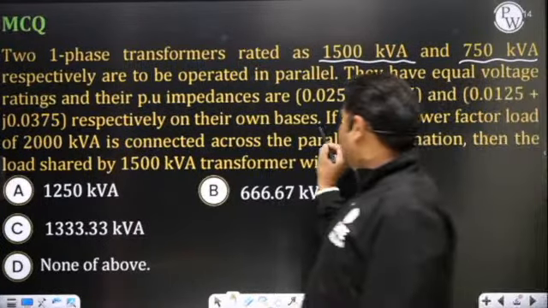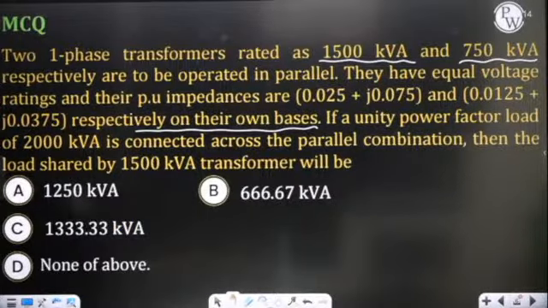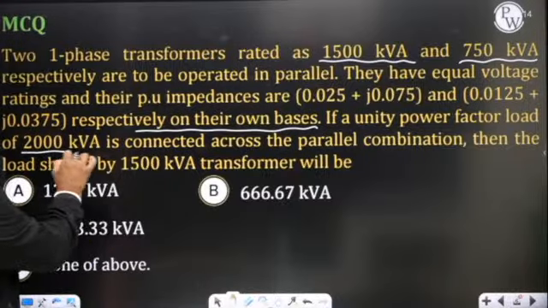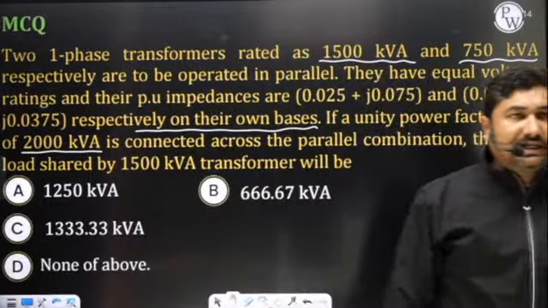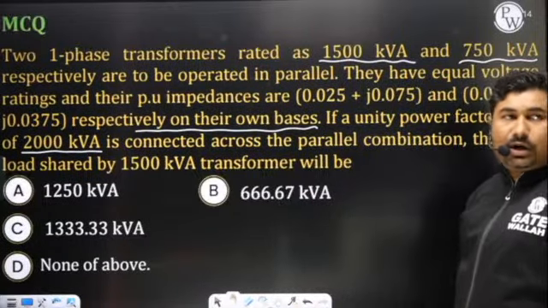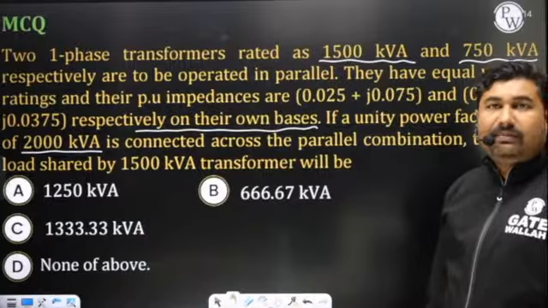Very important, on their own basis. If a unity power factor load of 2000 kVA is connected across the parallel combination, then the load shared by the 1500 kVA transformer will be.